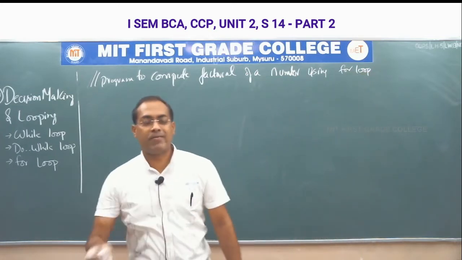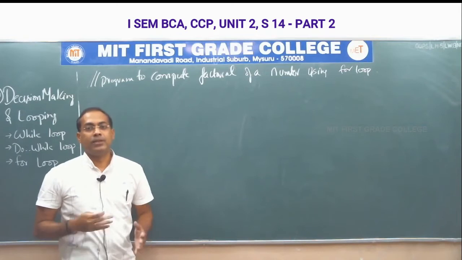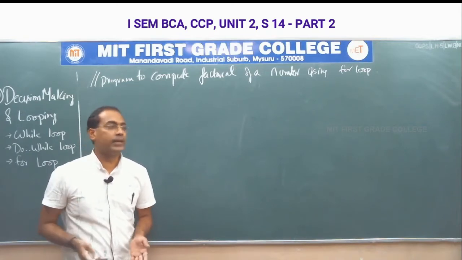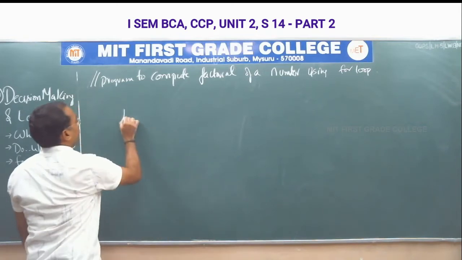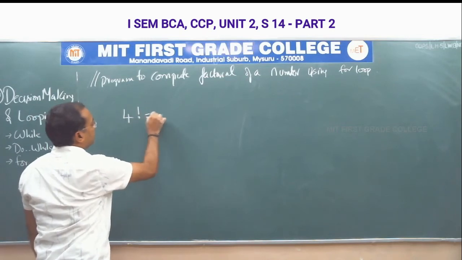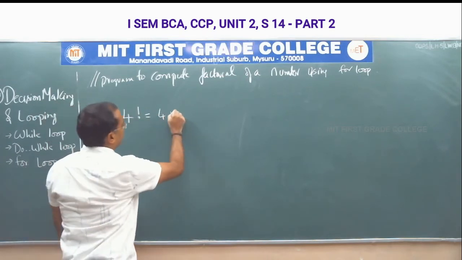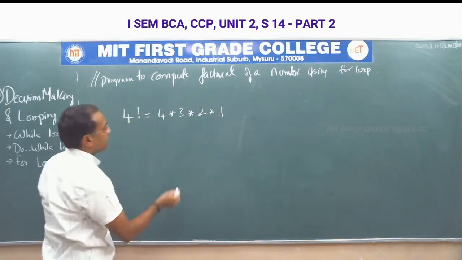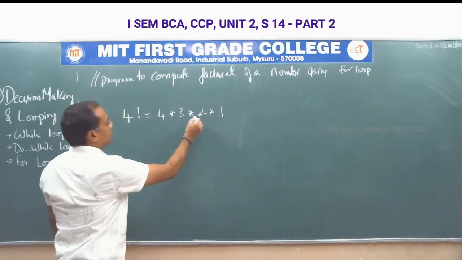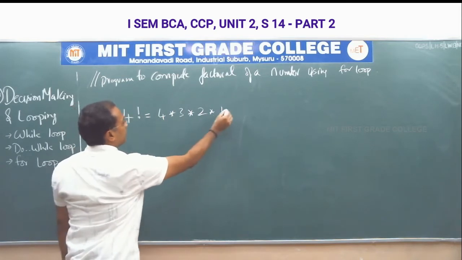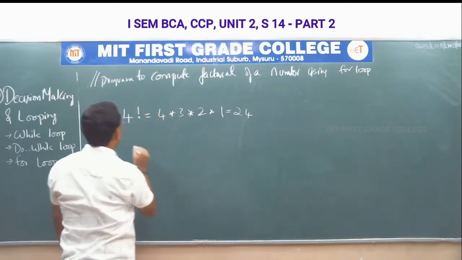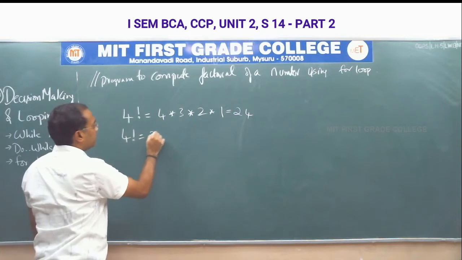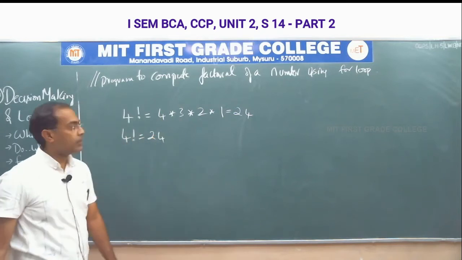What do you mean by factorial of a number? You have already studied it in your school days. If I have 4 factorial, 4 into 3 into 2 into 1. So 2 1s are 2, 2 3s are 6, 6 4s are 24. So the value of 4 factorial is 24.